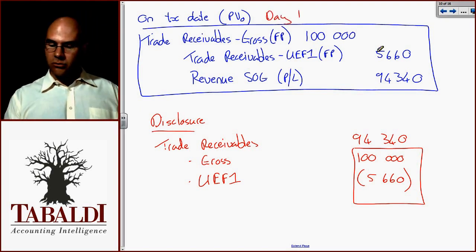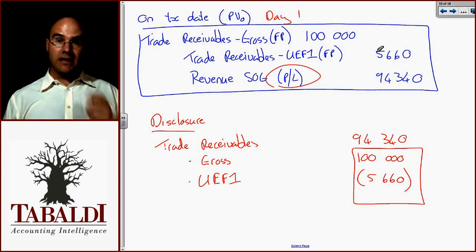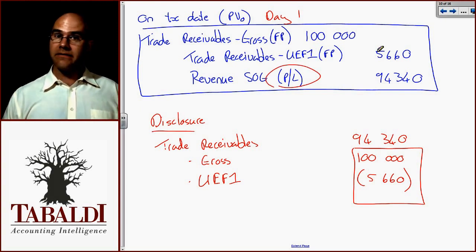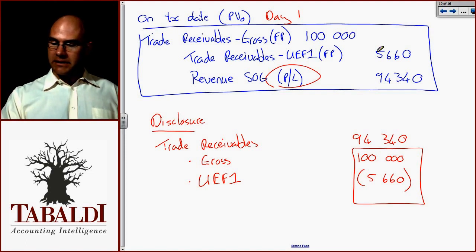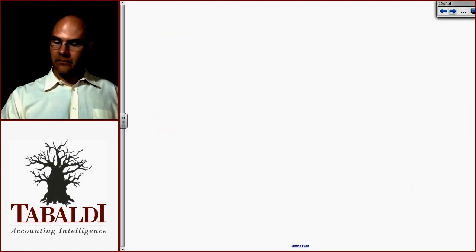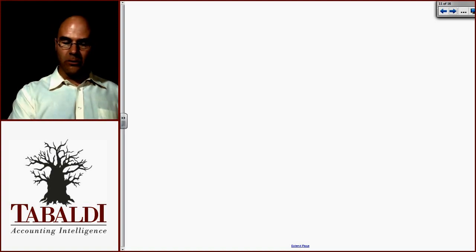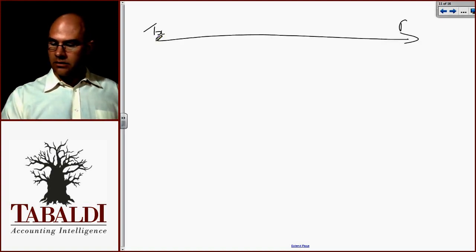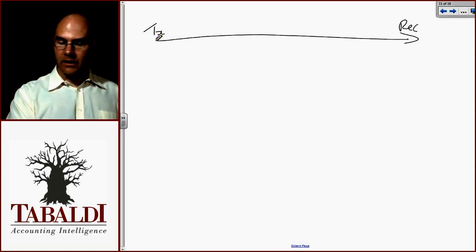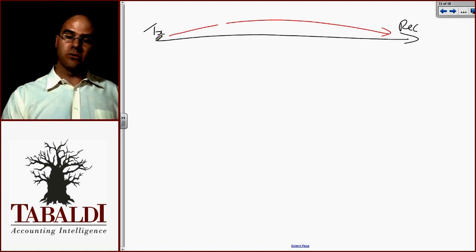Happy that we've recognized revenue, the component of revenue from sale of goods, correctly at the present value of the future cash flows. But what needs to happen next is that over the next 6 months, we will now go forward from transaction date to receipt date, and we'll have to recognize the interest. What are we going to do?